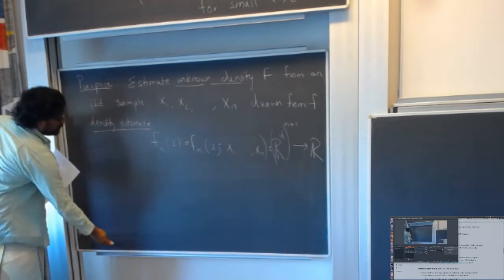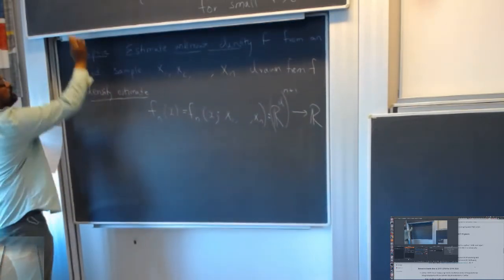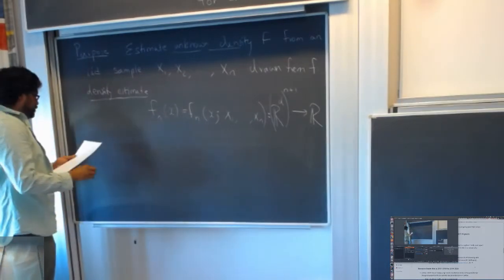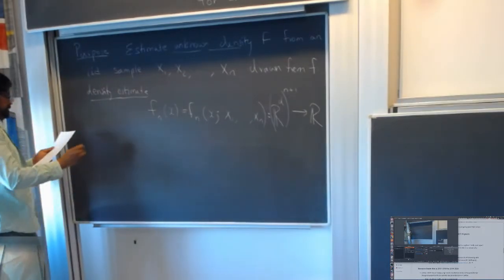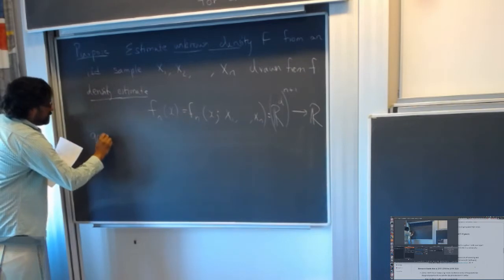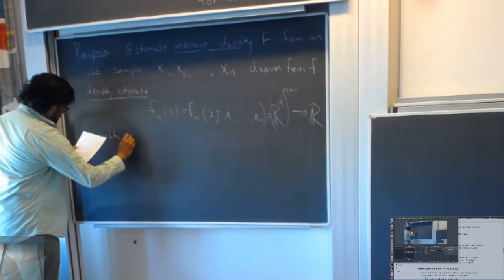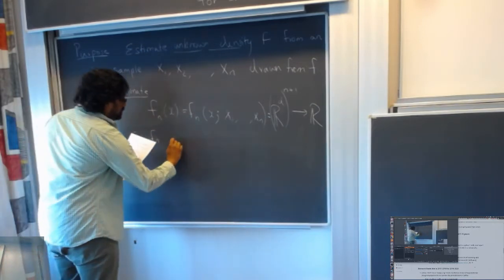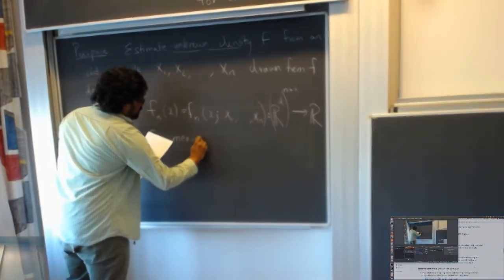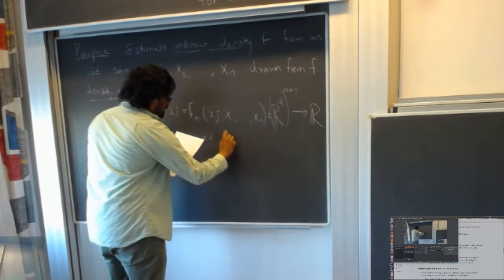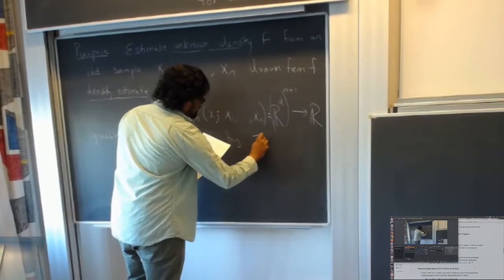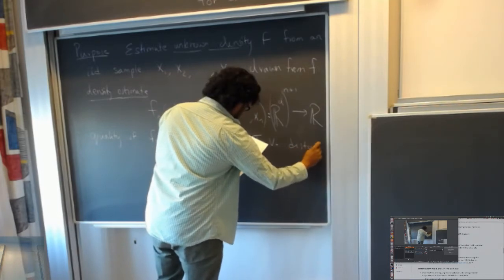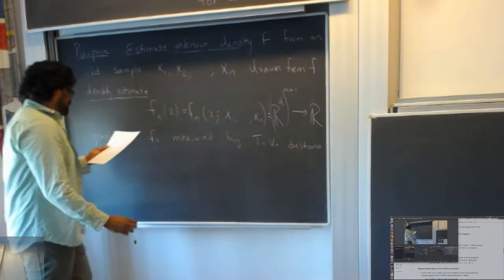So now, what about some way of measuring the quality of the estimate if you have 2 or more estimates to choose from? So we want to be measured by total variation distance. And so what is this?